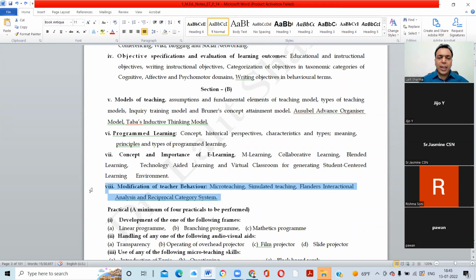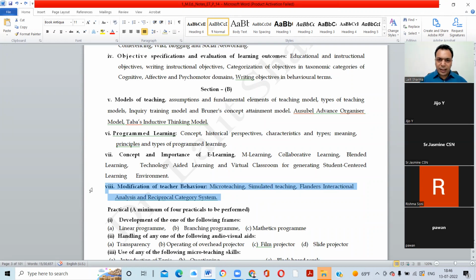So the 8th point, modifications of teacher behavior, right? Here keep in mind that this topic is talking about improvement of the teacher. Things are coming crystal clear.